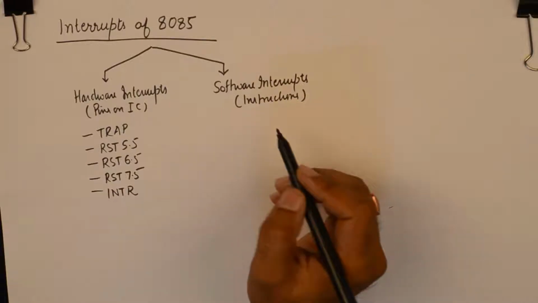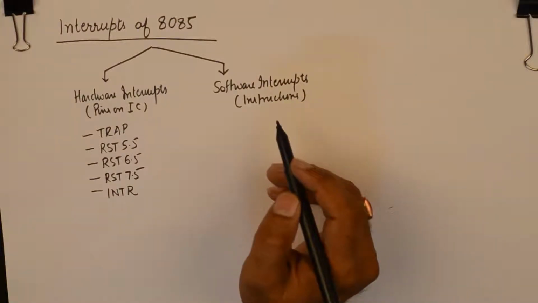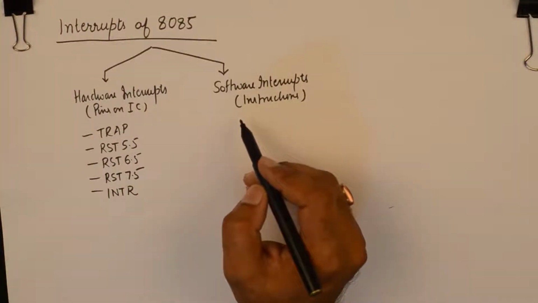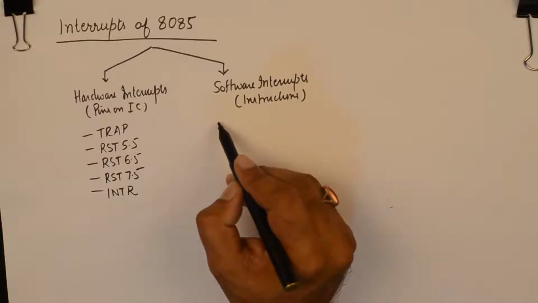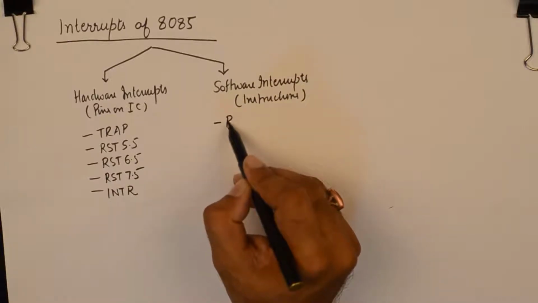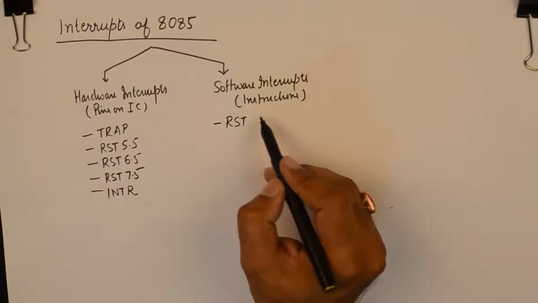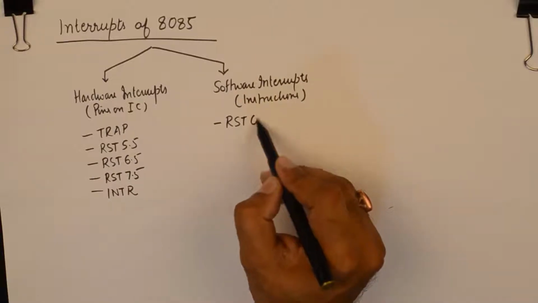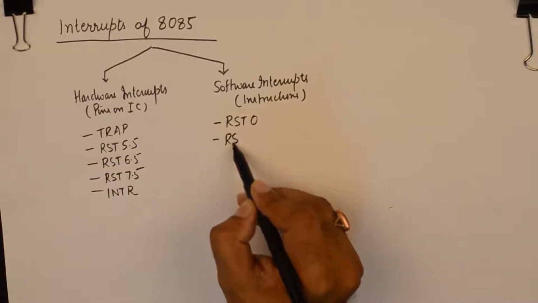And there are 8 software interrupts in 8085. All of them are instructions by the name of RST, and they start from 0 and go up to 7.